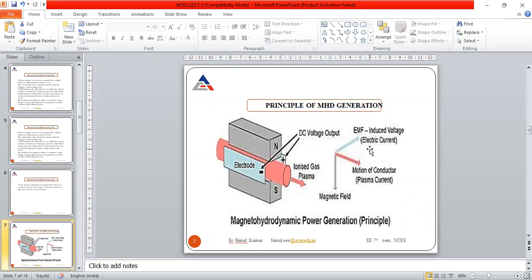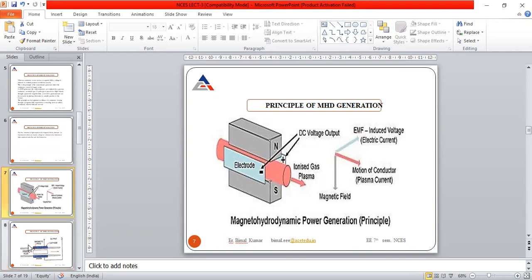So in the case of the MHD generator, the direction of the EMF induced may be calculated by the right hand thumb rule. As per that, your thumb represents the direction of the motion of the conductor or plasma current, forefinger gives you the direction of the EMF induced, and center finger gives you the direction of the magnetic field.